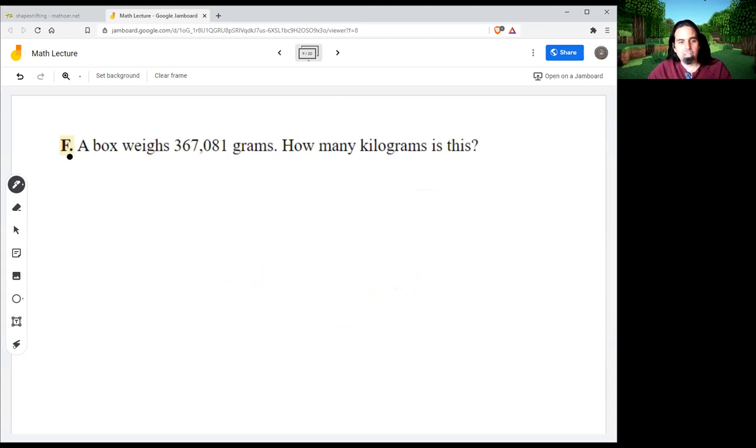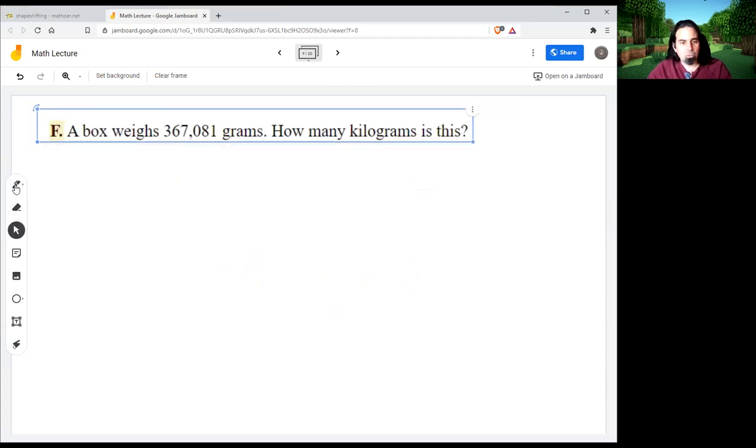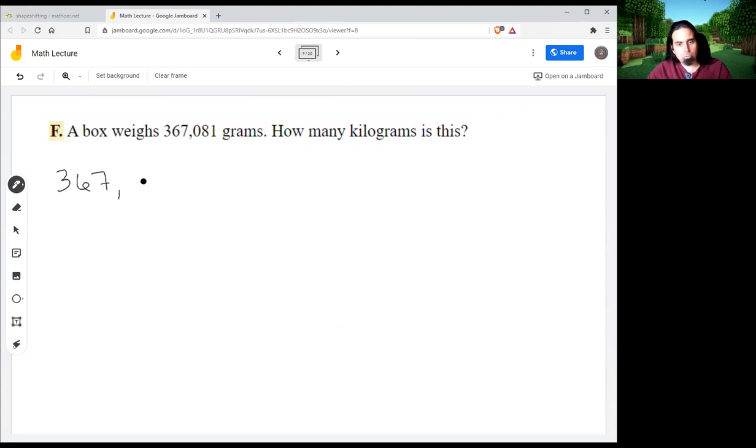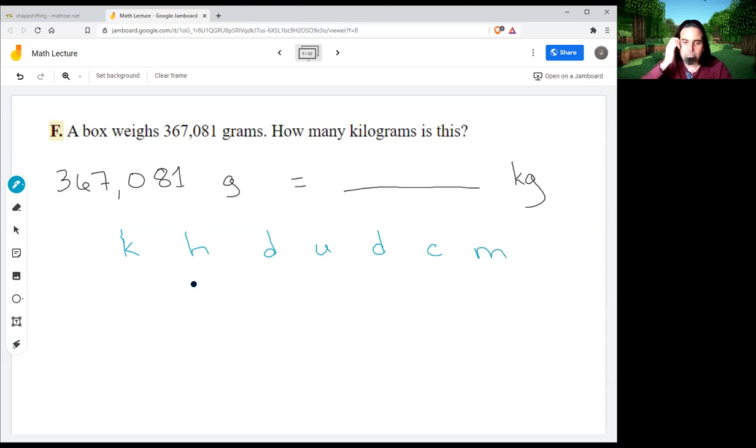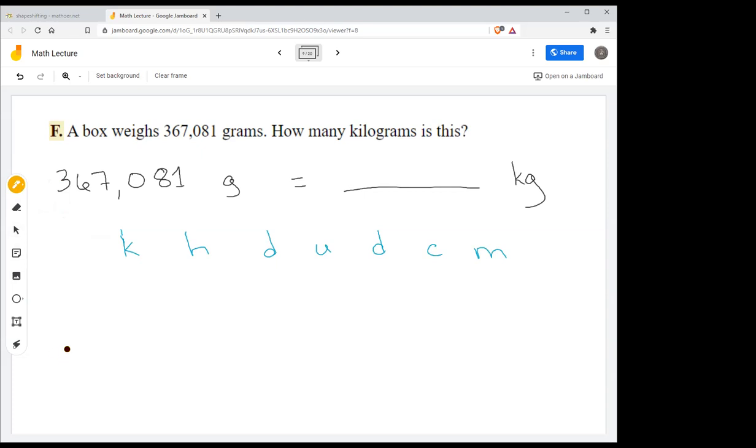I'll do all of them and then ask the questions. So we have 367,081 grams. And I want to know how many kilograms that is. So I write my things. King Henry does usually drink chocolate milk, dot, dot, micro. Where am I starting? Unit.